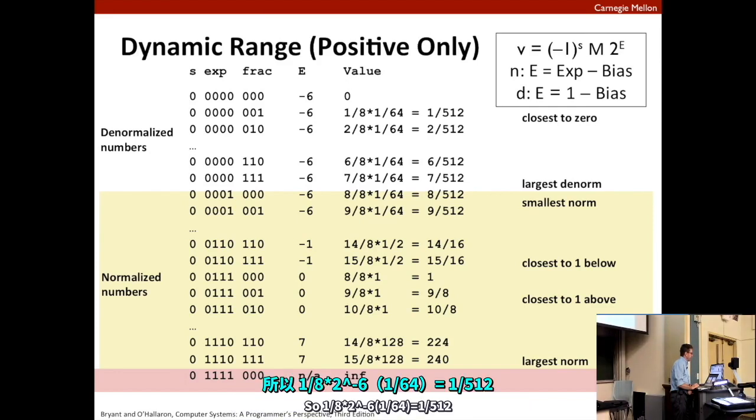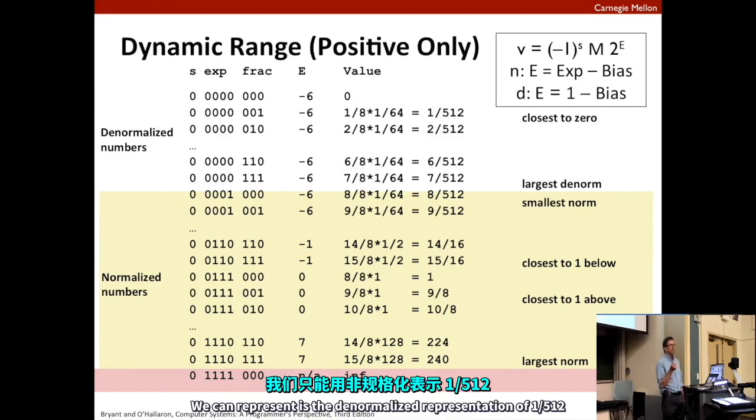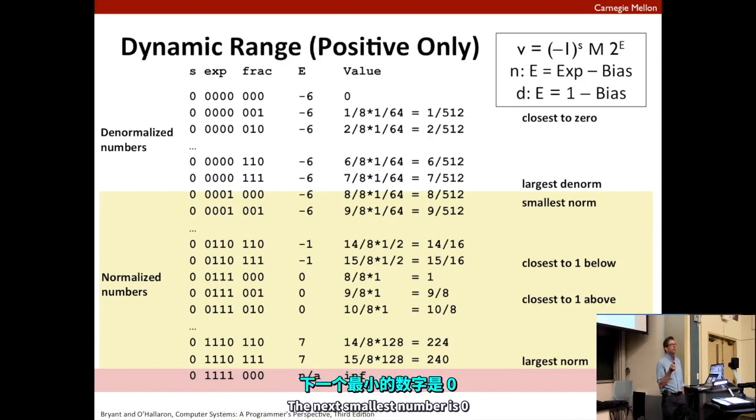So 1/8 times 2 to the minus 6, which is 1/64, equals 1 over 512. So in this floating point system, the smallest non-zero number we can represent is the denormalized representation of 1 over 512. The next smallest number is 0.